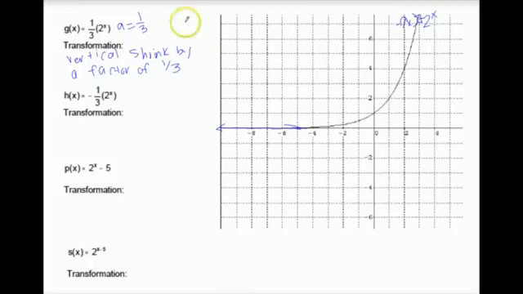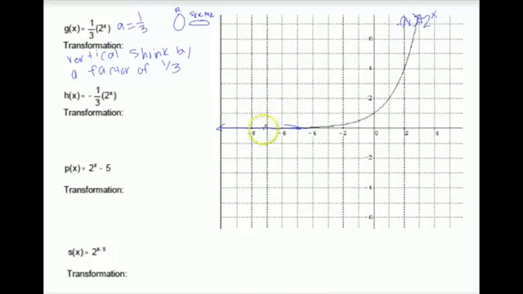Now when you think vertical shrink, I want you to think of a rubber band. So I'm going to draw a picture of a rubber band. When we shrink this rubber band, think of it as squashing it. So when we squash it, it's going to get fatter. So when we shrink a graph, you're sort of taking it and squishing it between your hands. So you're going to make it expand vertically more. So it's going to look fatter.